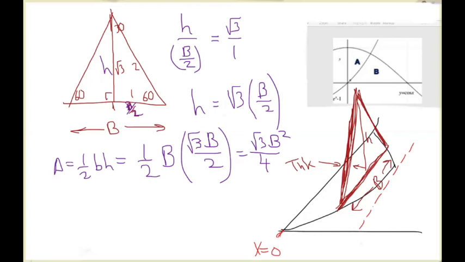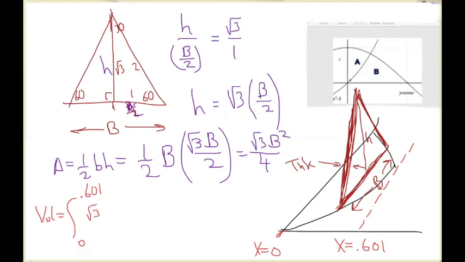We're going to finish the journey at x equals 0.601. And we're going to accumulate all of those volumes of all of those triangles. So the volume equals the integral from 0 to 0.601.